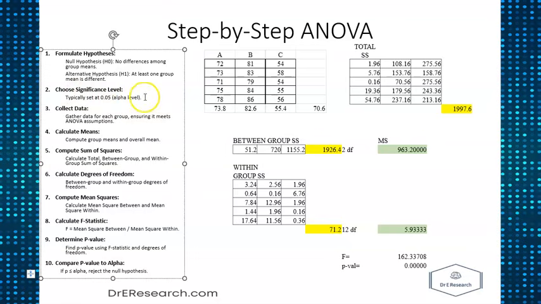Choose a significance level, typically 0.05, gather your data, and so forth, ensuring it meets assumptions. Now the assumptions again are going to be equal variances, okay? The other assumption that's important is normally distributed data within each group. Very, very often with analysis of variance, your groups are too small for you to evaluate that, okay?